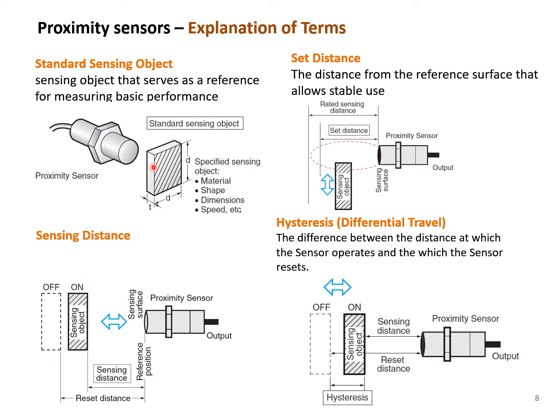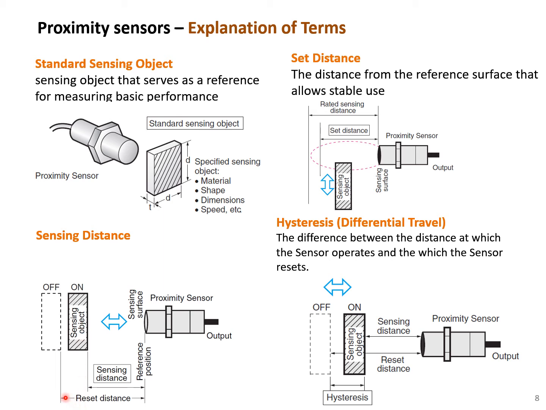This standard sensing object, defined by the standard and by the manufacturer, is used to check the sensitivity, basically for measuring the sensing distance, set distance, hysteresis, and other properties. The sensing distance, as is clear from the name, is the distance from the sensing surface at which the sensor can detect the object. Which object? The standard sensing object, not any object.